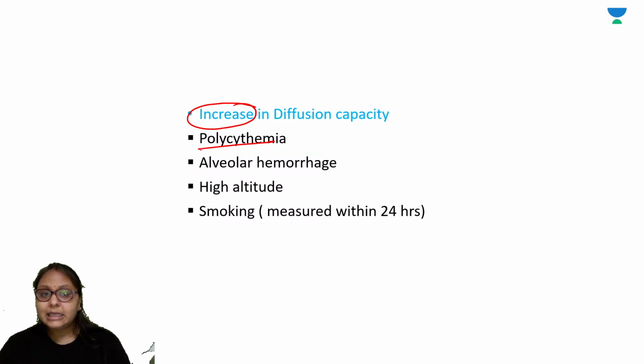Okay, now there are certain factors which increase. Remember polycythemia. Please remember, in polycythemia and in alveolar hemorrhage, there is increase in the diffusion capacity.